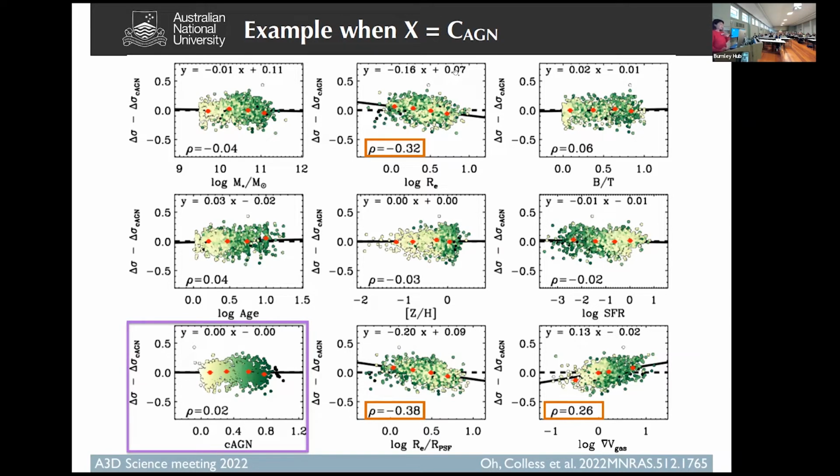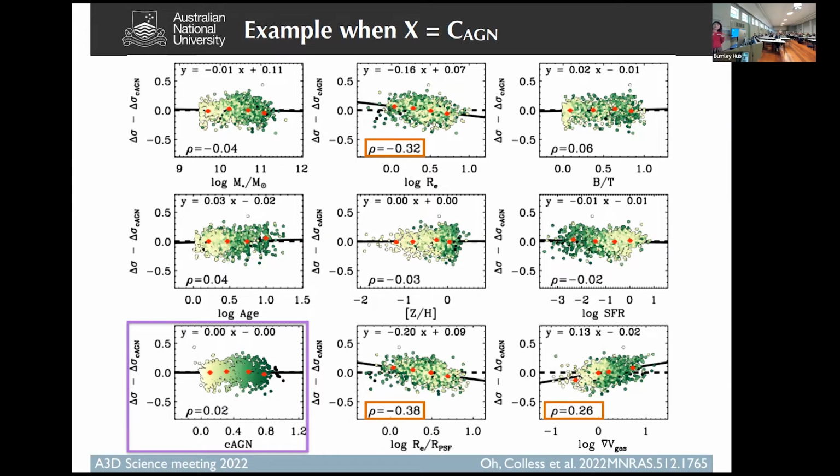What I did here is remove the correlation between delta sigma and the CAGN, and then explore whether there are residual correlations from the other parameters. As you can see, there is no correlation between delta sigma and the CAGN after the correction, but I still find residual correlations from here and here and here. That means the CAGN is not the primary parameter that explains all other correlations.